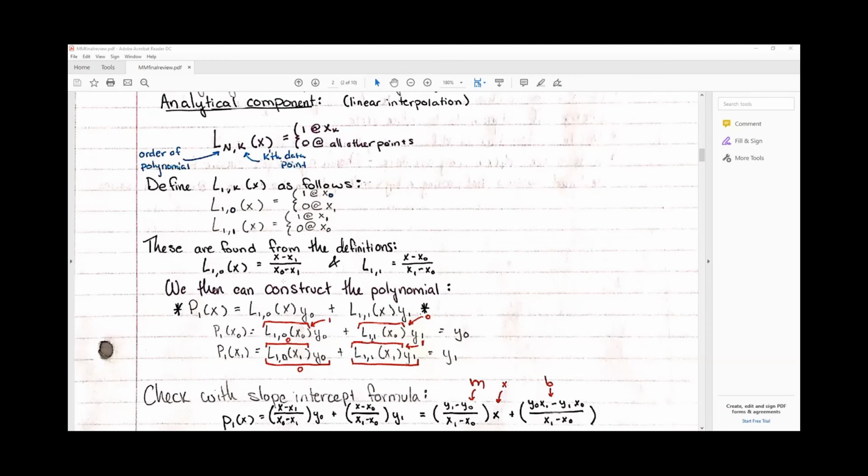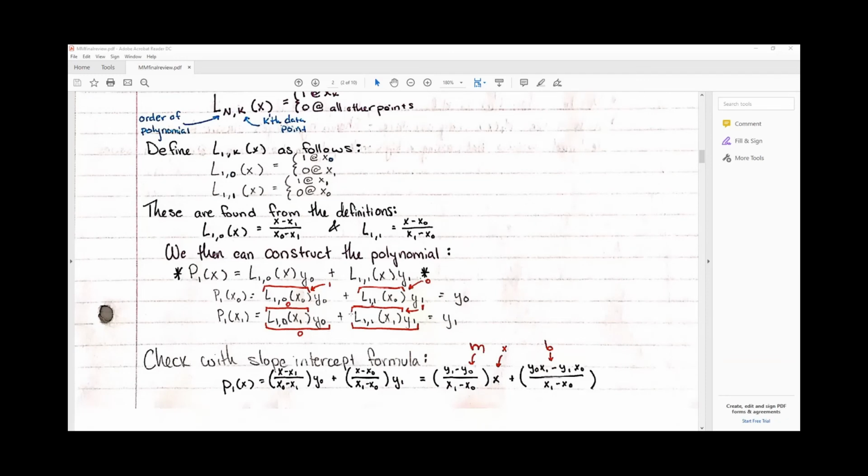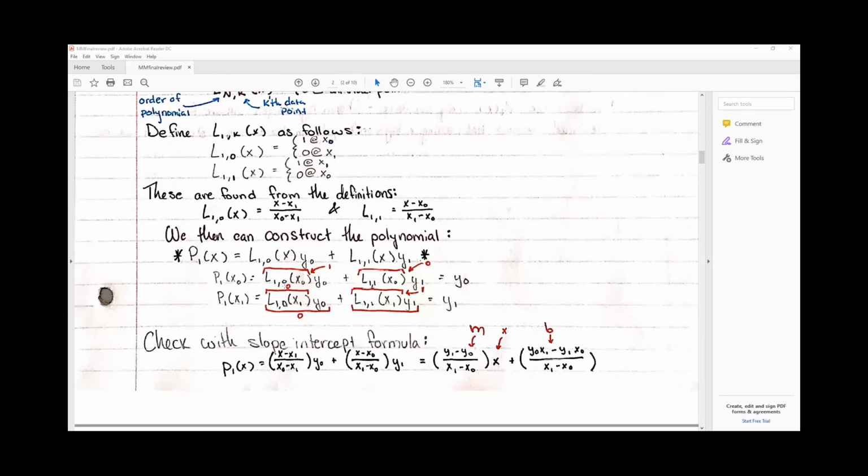Essentially, that's what you've got going on. And then from there, you can construct your polynomial. Likely, when you'll be asked to interpolate, you'll be given a list of x's and corresponding evaluations of your function at those x's.